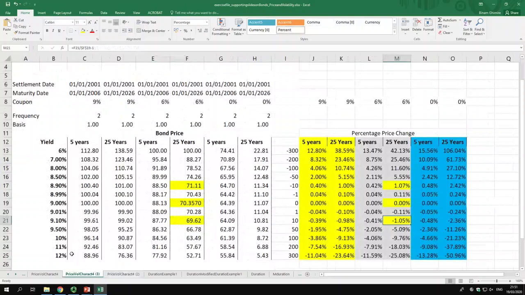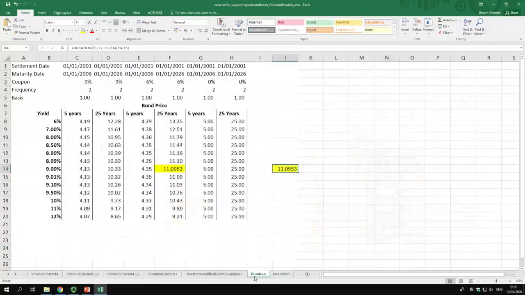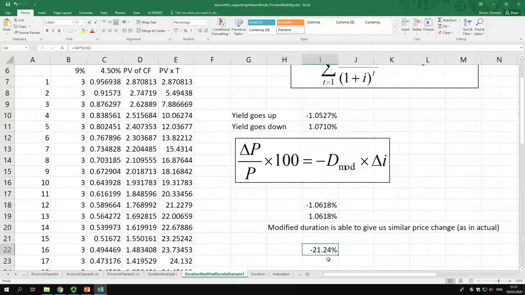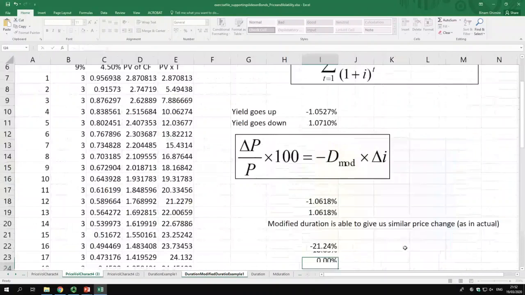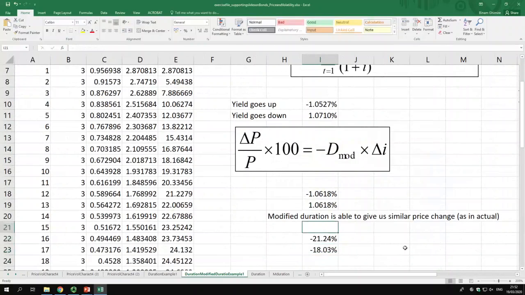So 9 to 11 percentage change is minus 18.03. Can you see it's minus 18.03, whereas the one that we calculated using modified duration is minus 21.24. So there's a big difference between these two.